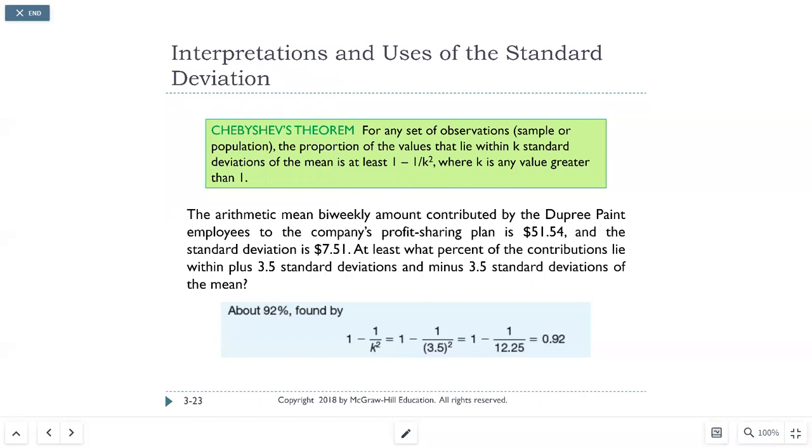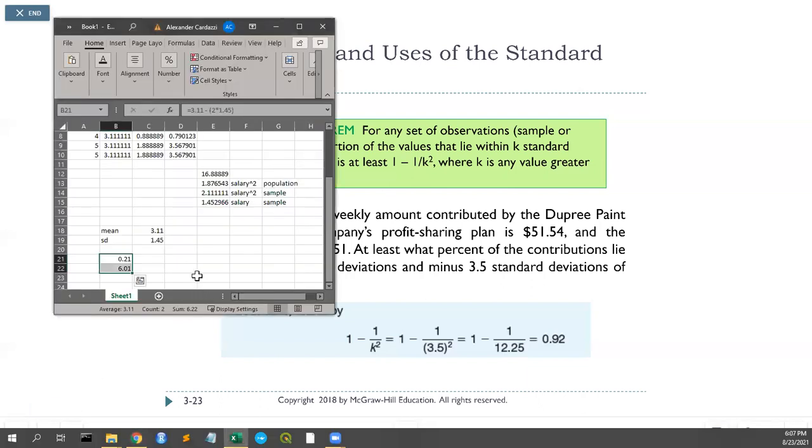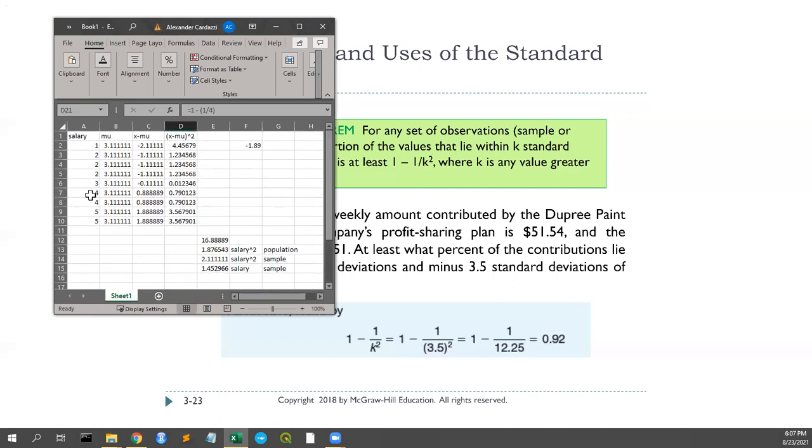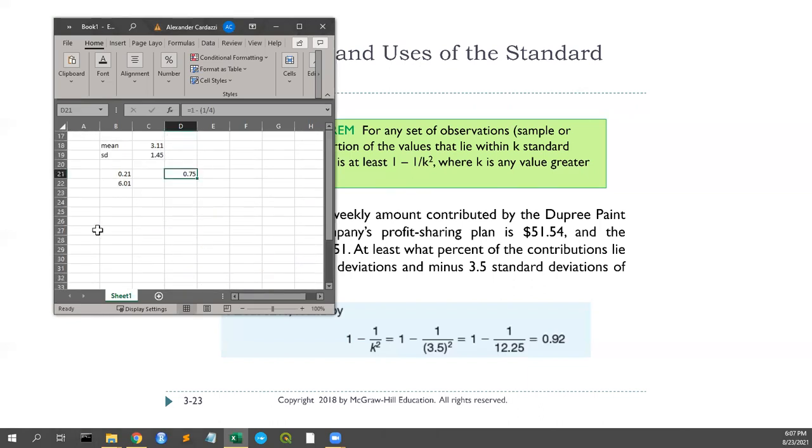So in other words, what he's saying is 1 minus 1 over 2 squared, so 4 really. So he's saying that at least 75% of observations are within 2 standard deviations. At least 75. Could be more, could be all of the data. For example, all of our data is within 2 standard deviations, right?